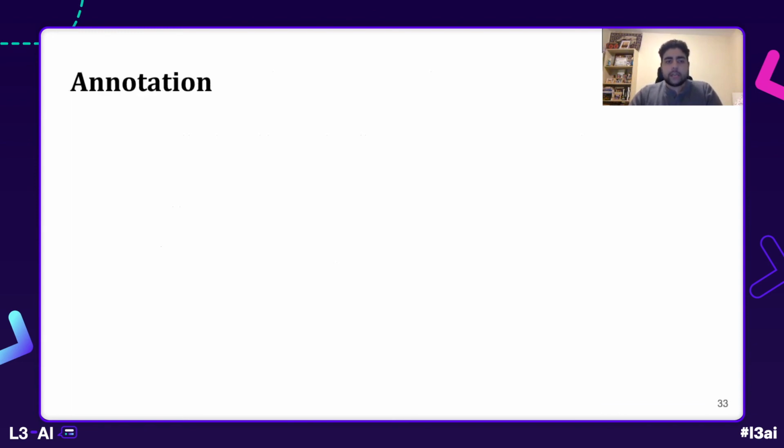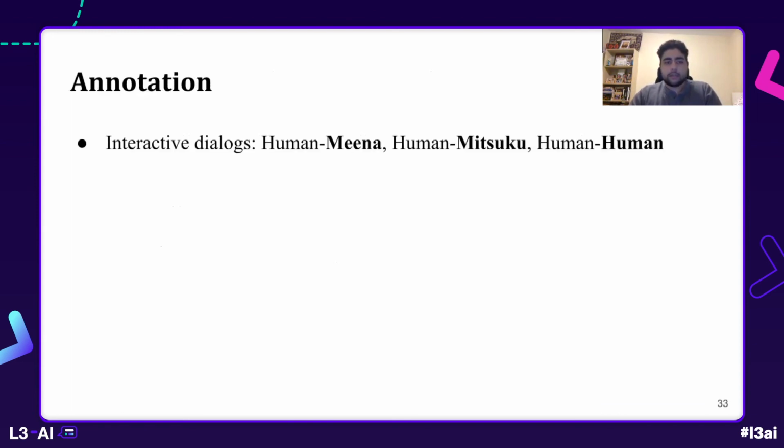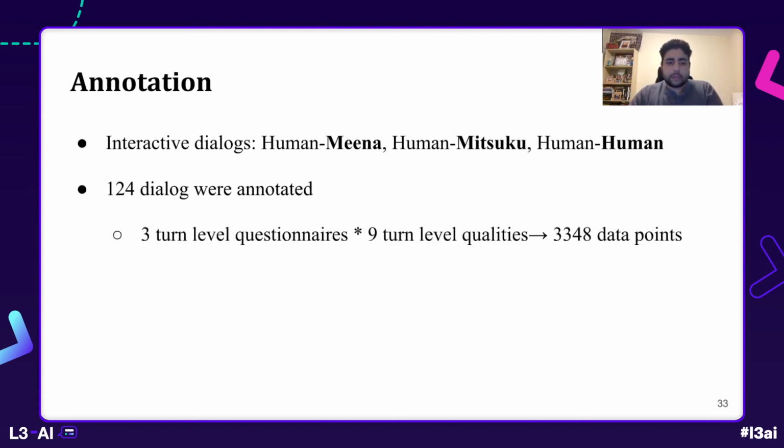Okay, so to annotate this data set and collect the FED data set, what we do is we take interactive dialogues released with the Mina paper. These dialogues are human-Mina, human-Mitsuku, and human-human. We take 124 dialogues and we annotate them. For every single dialogue, we select 3 turns and do 3 turn-level questionnaires.